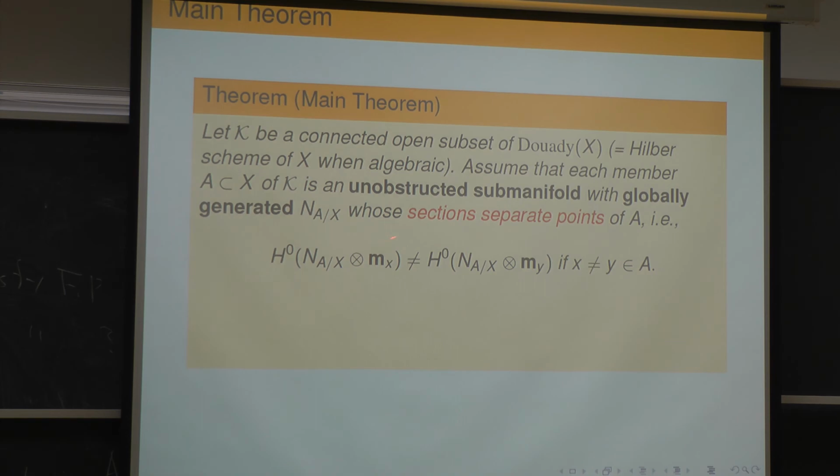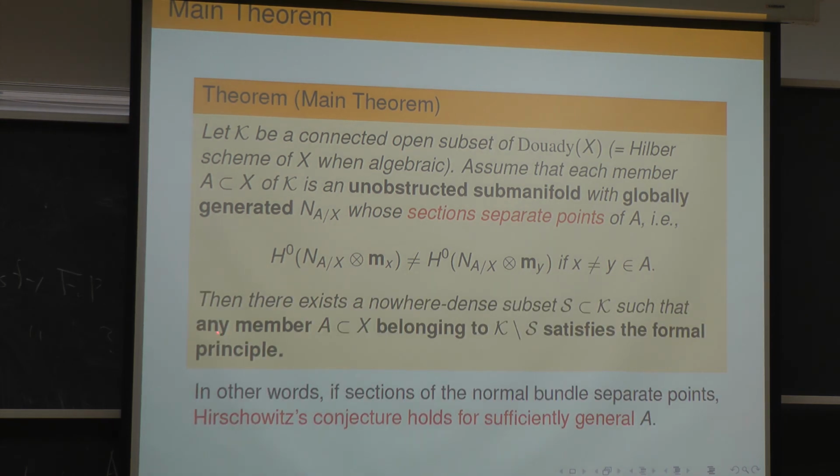And I also assume that global sections separate points. So this is the additional condition I need. It's not just globally generated, but it separates points in the sense that sections vanishing at two different points are different.